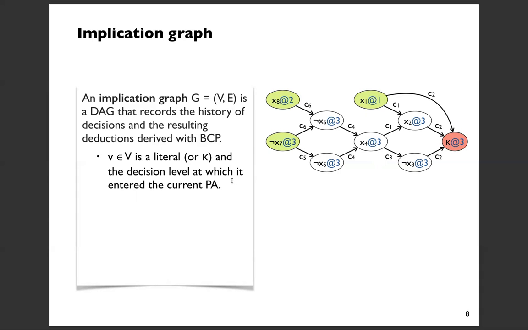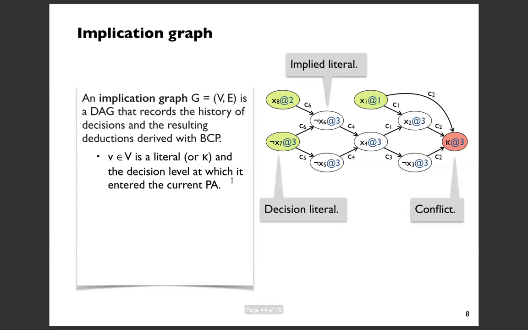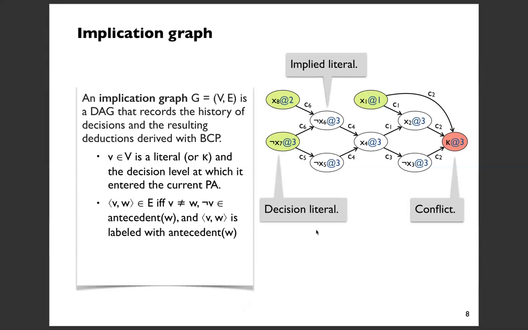That denotes the decision level at which it entered the partial assignment. So these are decision literals, these are implied literals, and that is a conflict node. There is an edge from V to W. There are no self edges.